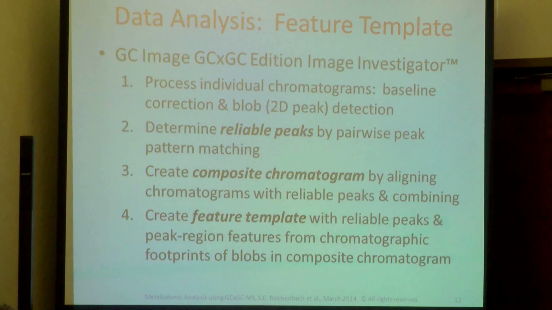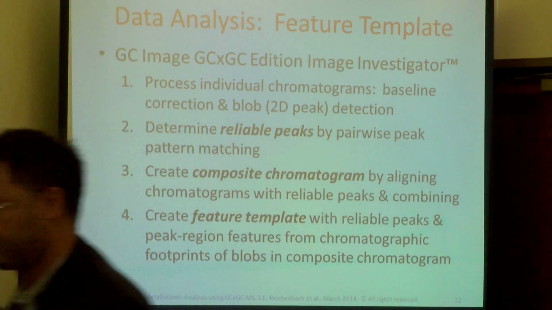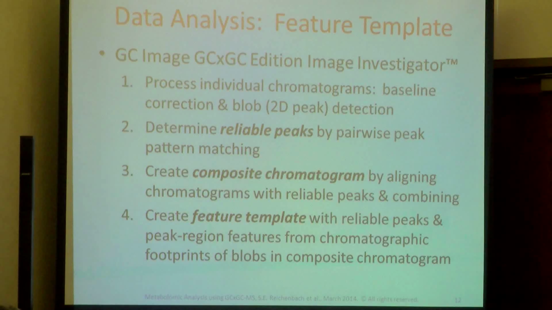Having determined where the peaks are in all of the individual chromatograms, what we want to do is find the reliable peaks by pairwise matching. So we take each chromatogram, we take the pattern of detected peaks, and we do a sophisticated pattern matching algorithm to match it to the patterns of peaks in each of the other chromatograms. Through this you get a sort of matching graph that connects each chromatogram to every other chromatogram.